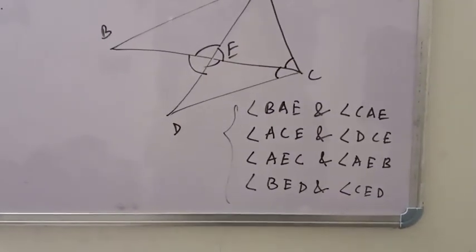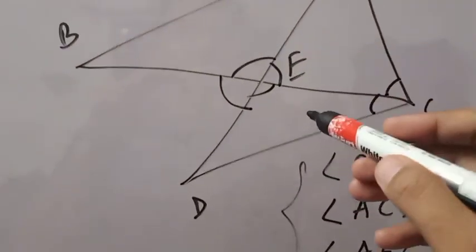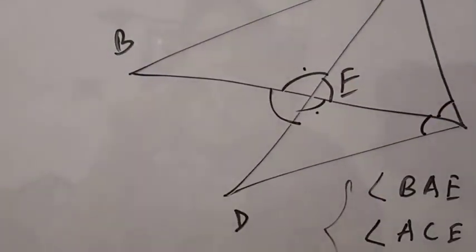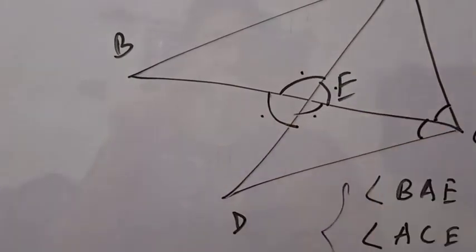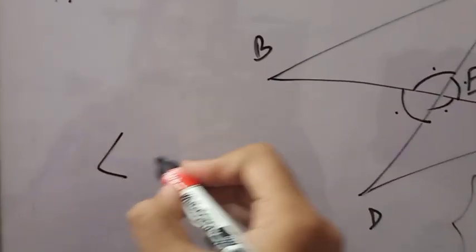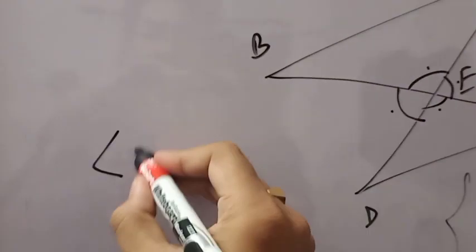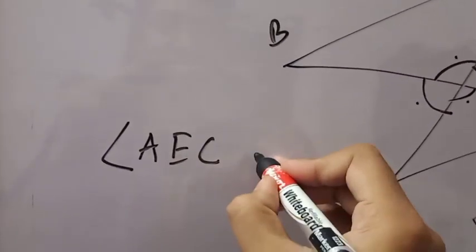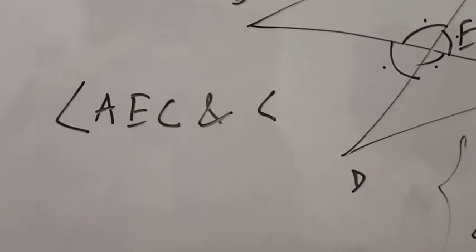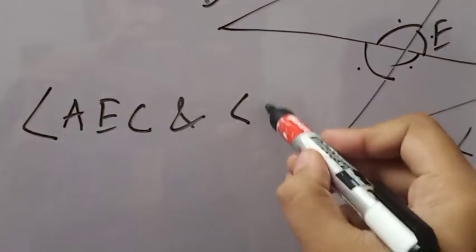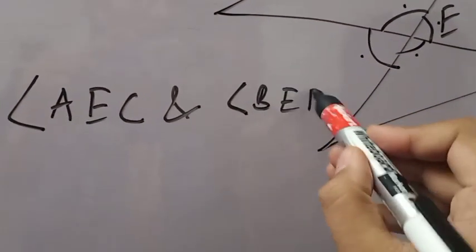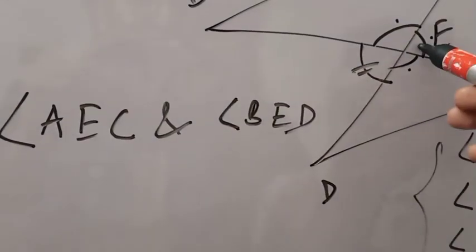Now vertically opposite angles. Already we are writing here. This angle and this angle are vertically opposite angles, and this angle and this angle are vertically opposite angles. Right here. So angle AEC and angle BED. That means this and this.